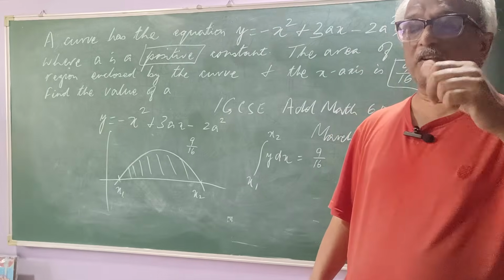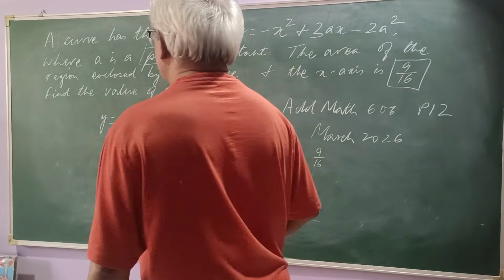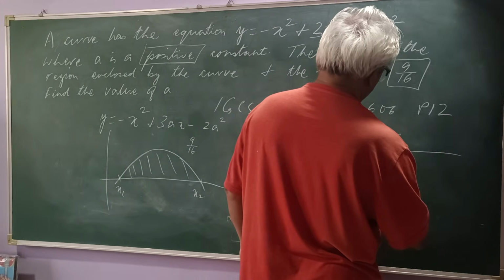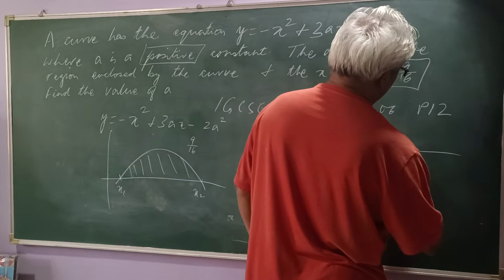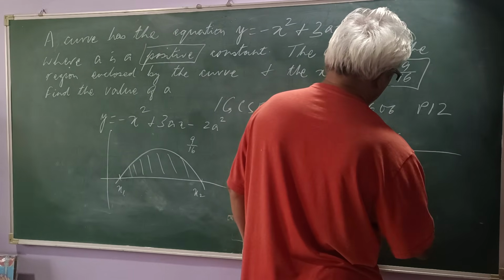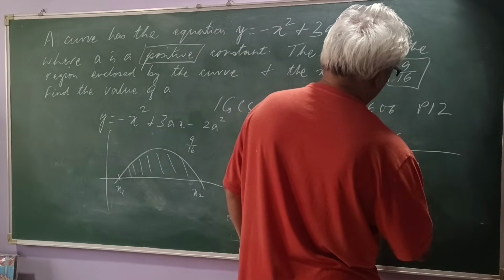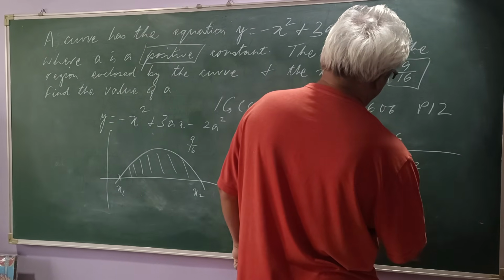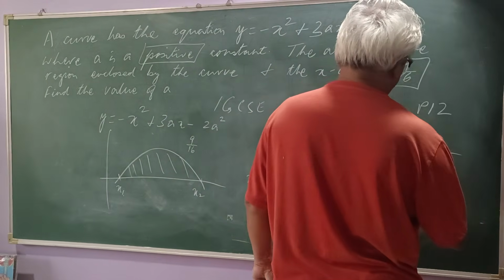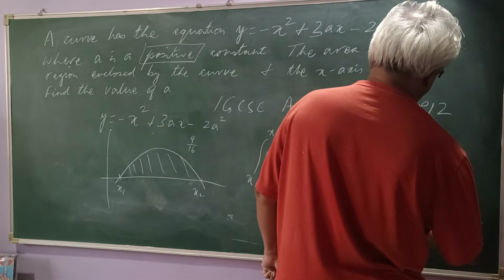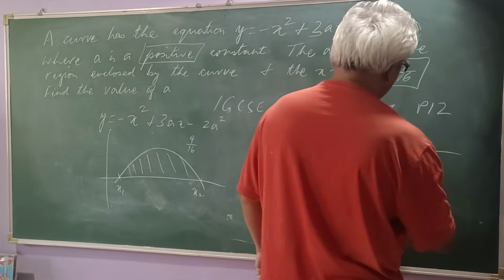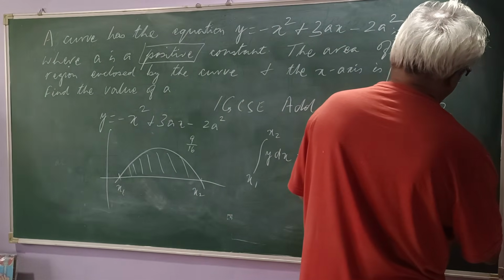All right. So our strategy will be: step 1, find x1, x2; step 2, integrate, and then equate the integration to 9 by 16.